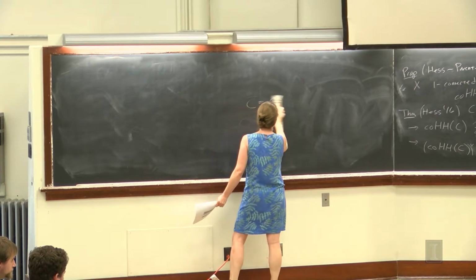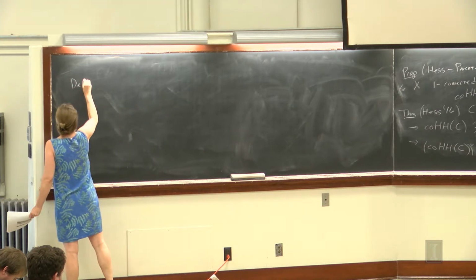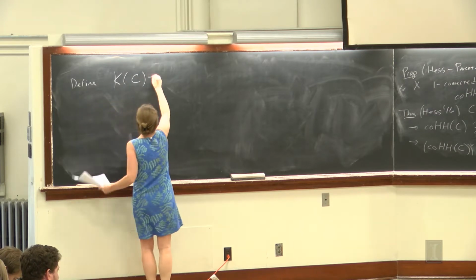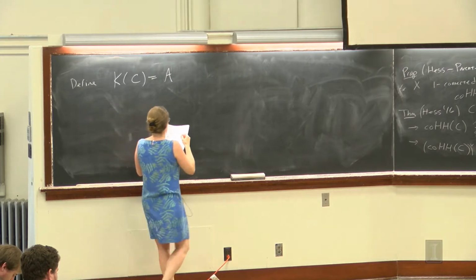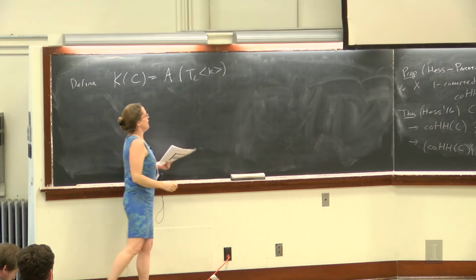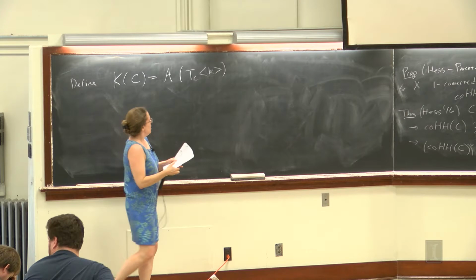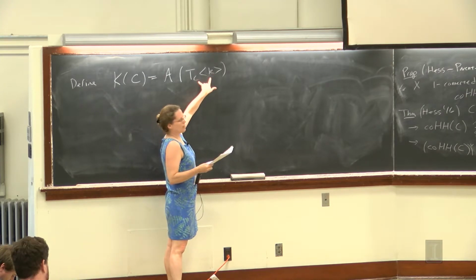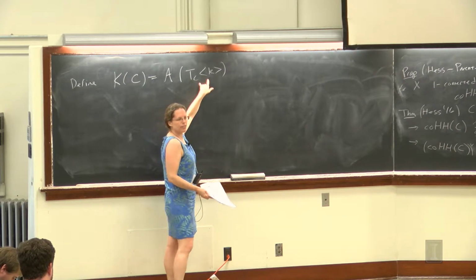So I'm going to define the K-theory of a coalgebra C to be the A-theory, or in other words, the K-theory due to Waldhausen, based on the thick subcategory generated by the field as a comodule over the coalgebra C. The reason I'm doing this is because this thick subcategory actually corresponds to the category of compact objects in the category of comodules.